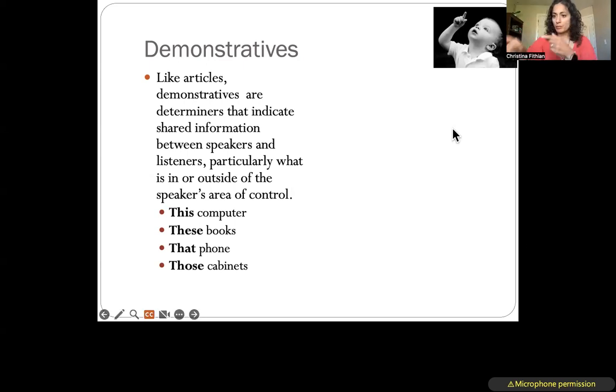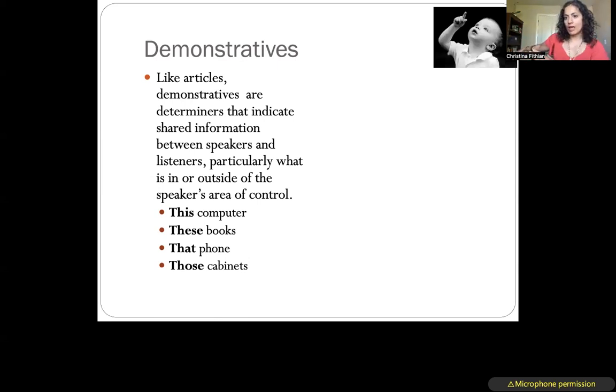I can also say these books. If I don't have any books right next to me, but if I had some books on my desk, these books, these are in my area of control. Now, my phone is sitting pretty far away from me, so I got to refer to it as that phone. It's over there in the chair, a little ways from me. So now you'll notice that instead of saying this, I'm going to say that.